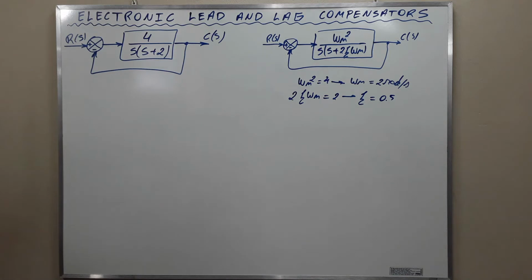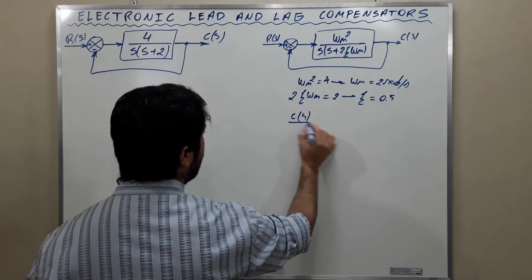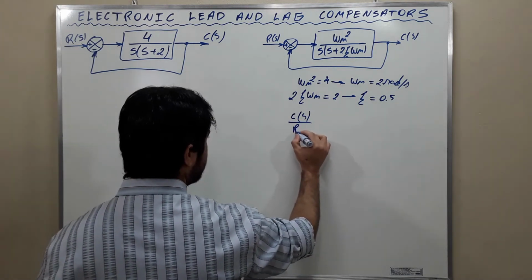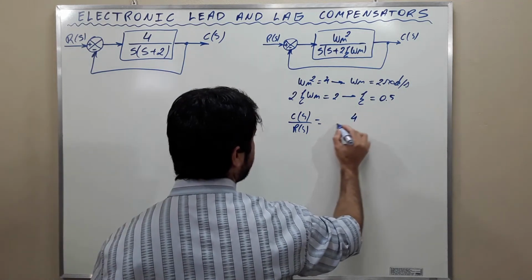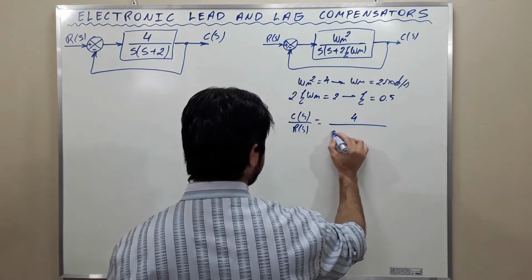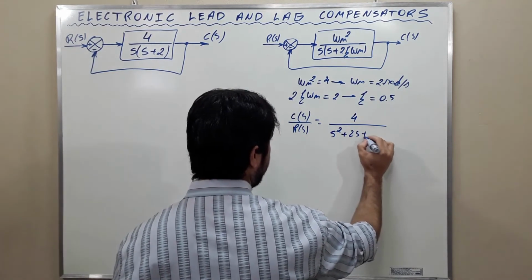Alright? The closed loop transfer function is C(s) over R(s) equal to 4 over (s squared plus 2s plus 4).